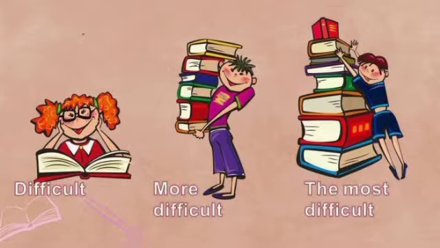The second child has more books than the first one, so it will be more difficult. When we compare with the first child, it is a more difficult task. In the third picture, we have more books than the second picture. It means this child's task is the most difficult one. I hope I have made this example clear to you.